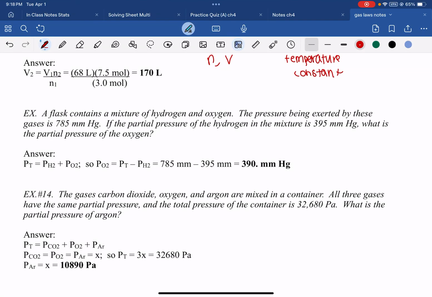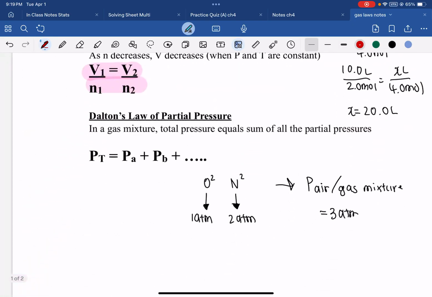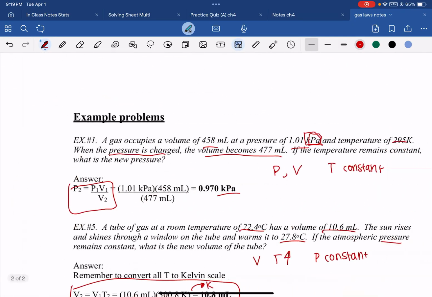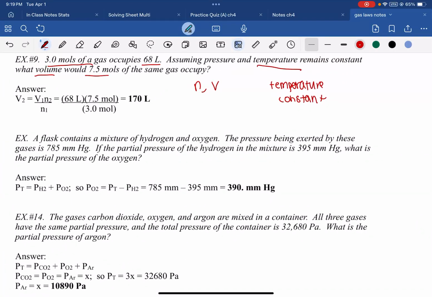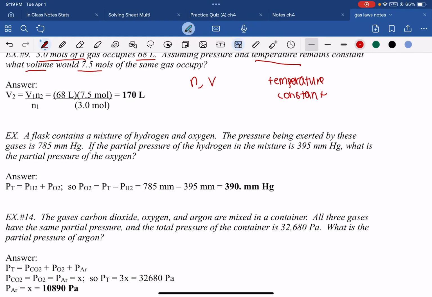And the last one is about partial pressure. So you immediately know that it's about Dalton's law. And it says there's a mixture of hydrogen and oxygen. And the pressure being exerted by these gases, so P total, is 785.